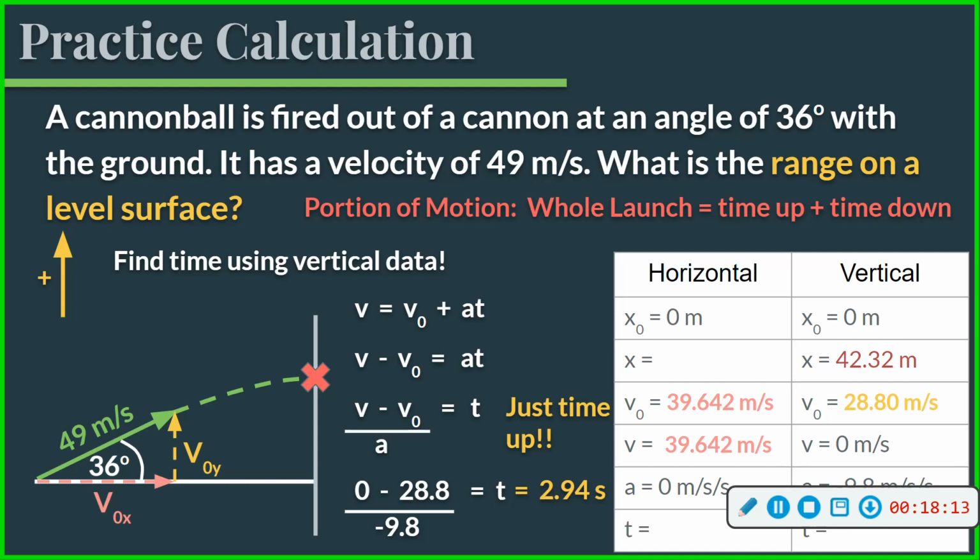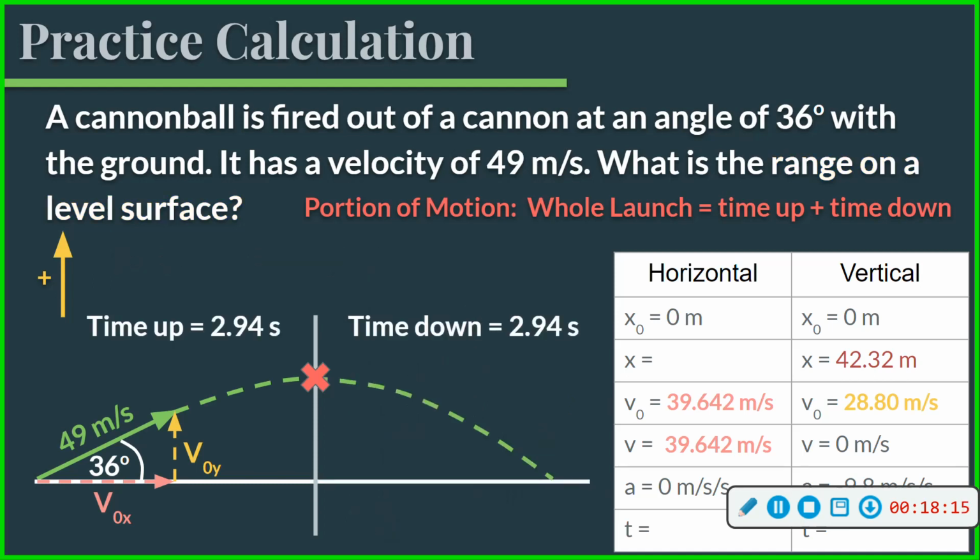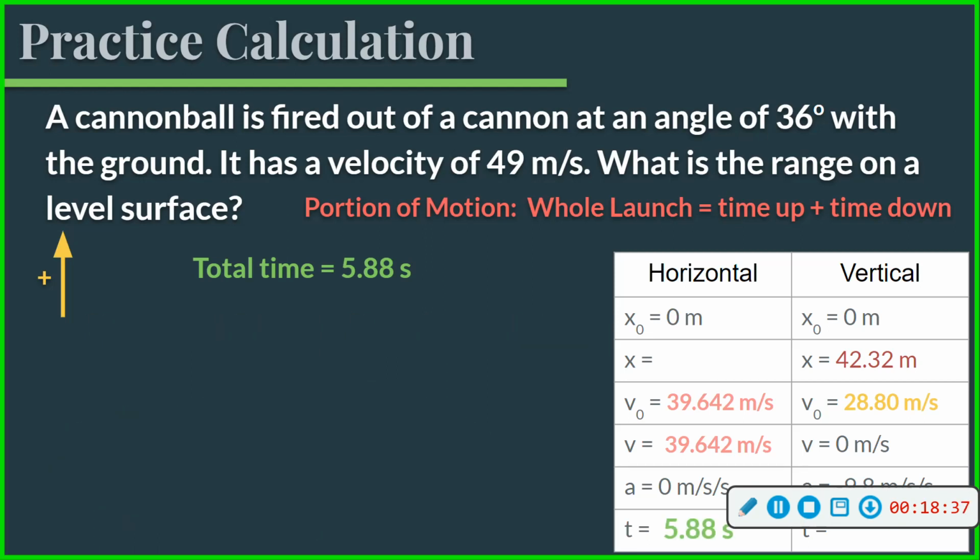Time up and time down are the same, so 2.94 up, 2.94 back down, as long as we ignore air resistance. Again, it's assumed that we're doing that here. So our total time is now 5.88 seconds. And since time is the same for both the horizontal and the vertical motions, we now know it for the horizontal too.